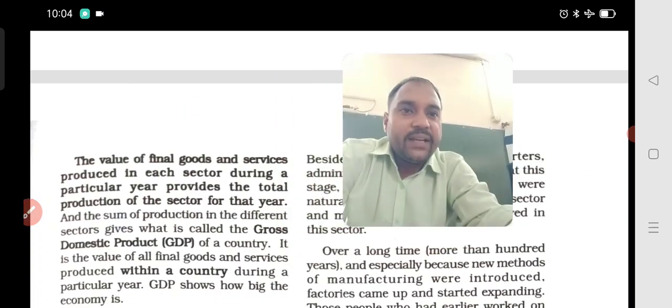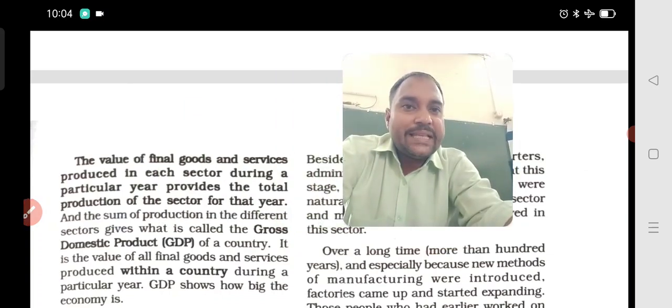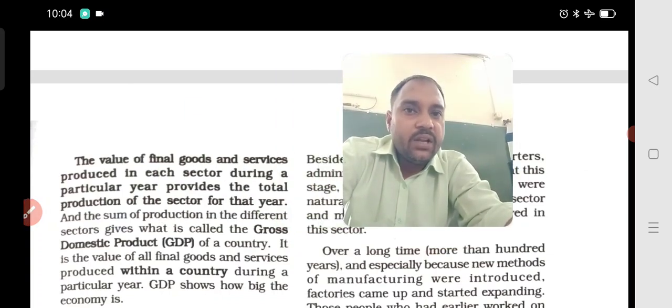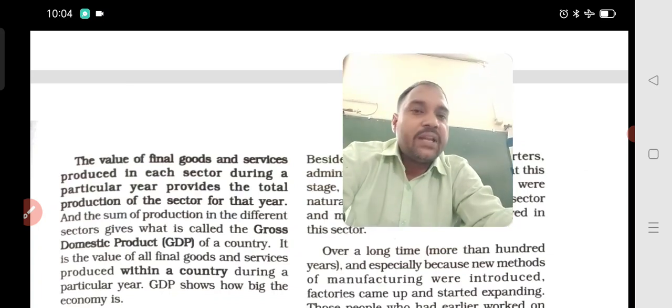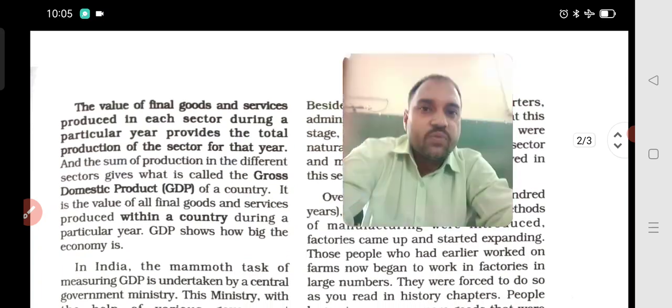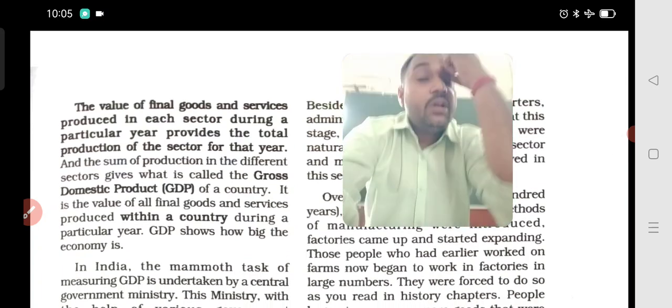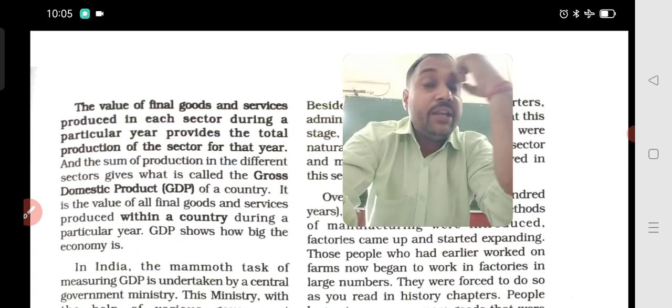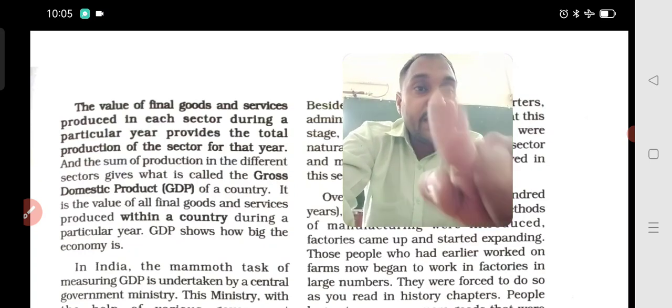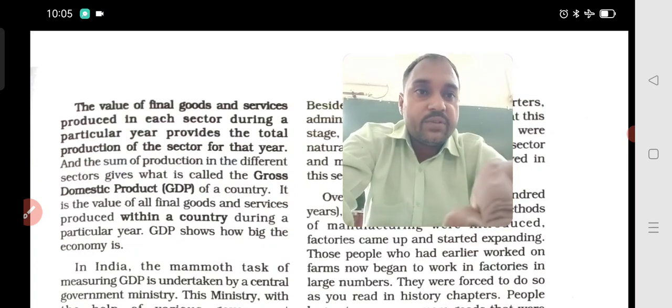The value of final goods and services produced in each sector during a particular year is the total production of the sector. Now, the question arising from this simple topic is: what is GDP or gross domestic product? Gross domestic product is the final value of goods and services which each sector in the economy is producing.